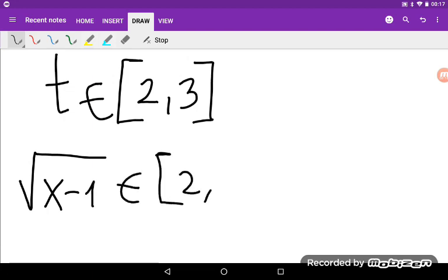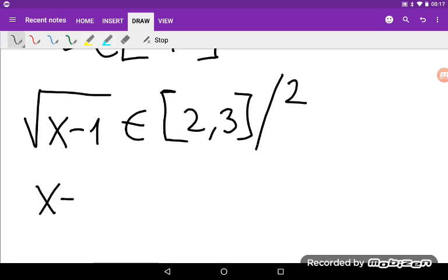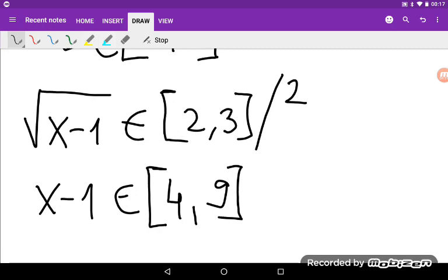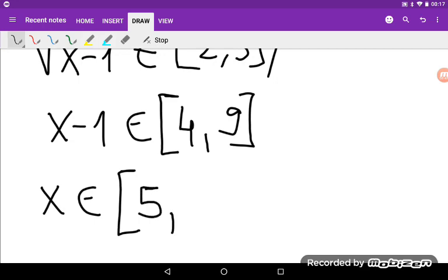Now I will just square both sides, so x minus 1 is from the closed interval from number 4 to number 9. Now I will just add number 1 to both sides, so x can be from the closed interval from number 5 to number 10.